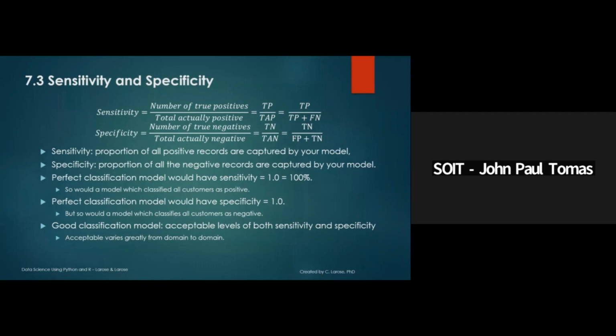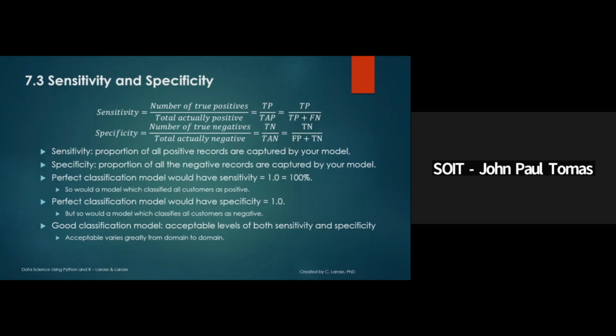But having a high specificity, for example 99% or 100%, doesn't mean that you have a very good model. Like I've said, a good classification model should have acceptable levels of both sensitivity and specificity.